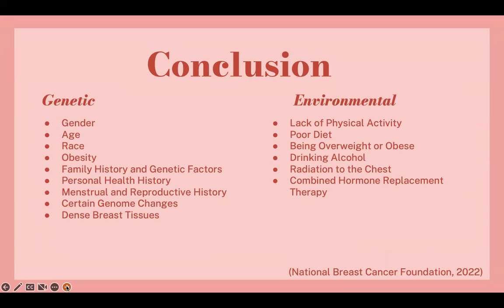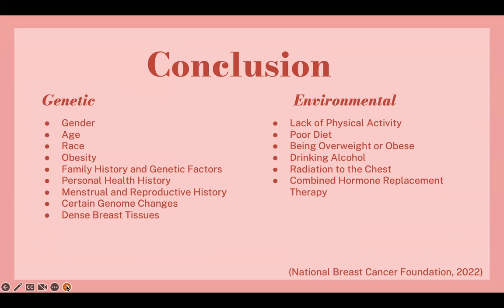There are some genetic and environmental factors that would lead someone to having a higher predisposition to breast cancer. Genetic ones would be gender, age, race, obesity, family history and genetic factors, personal health history, menstrual and reproductive history, certain genome changes, and dense breast tissue.